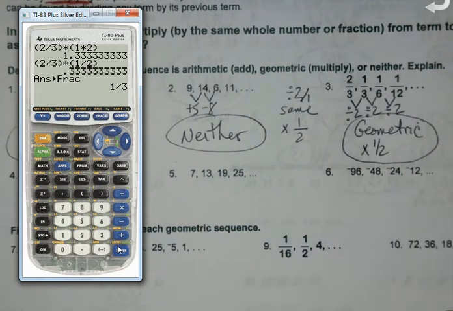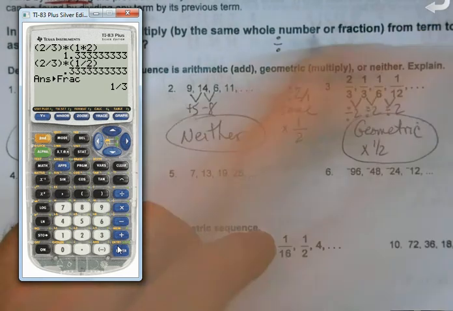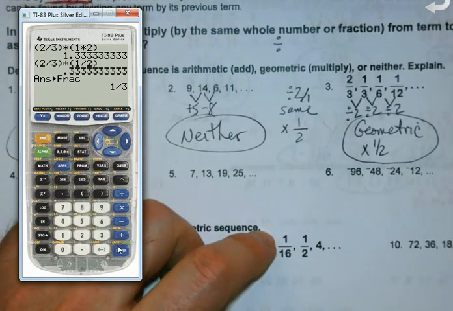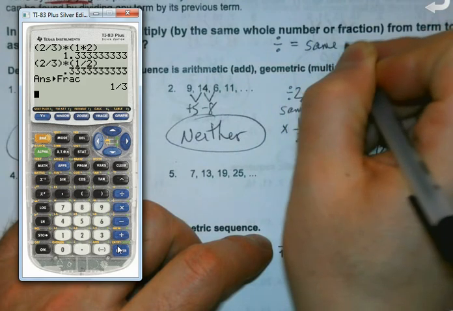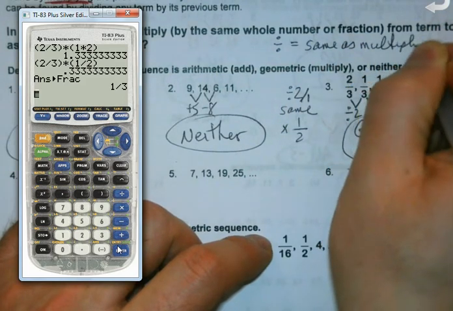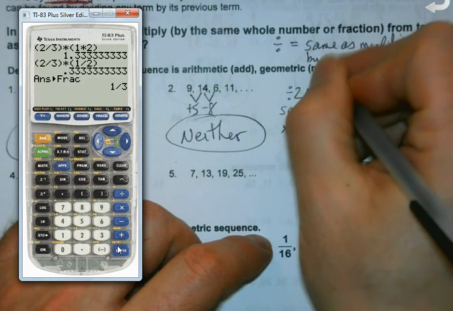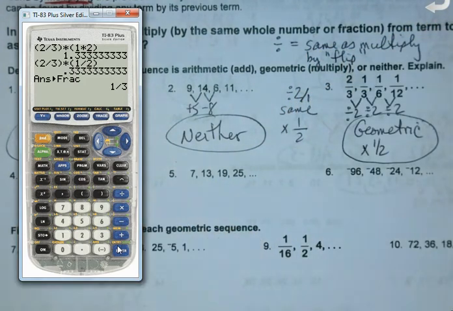So you're like, so wait a minute. How does this work again? If I end up dividing by a number, that's the same as multiplying by its flip. So if I'm dividing by 2, it's like timesing by 1/2.